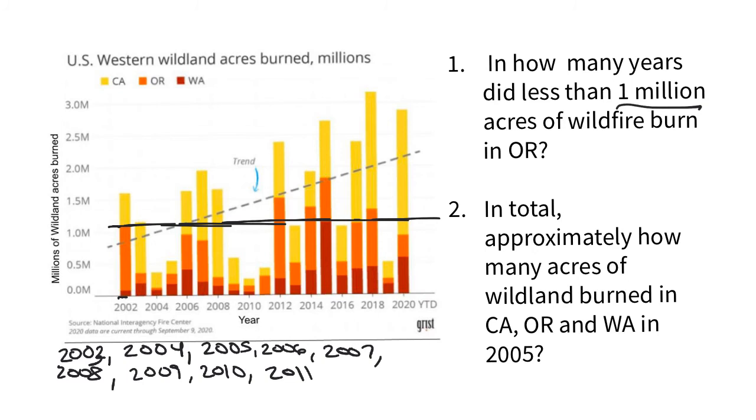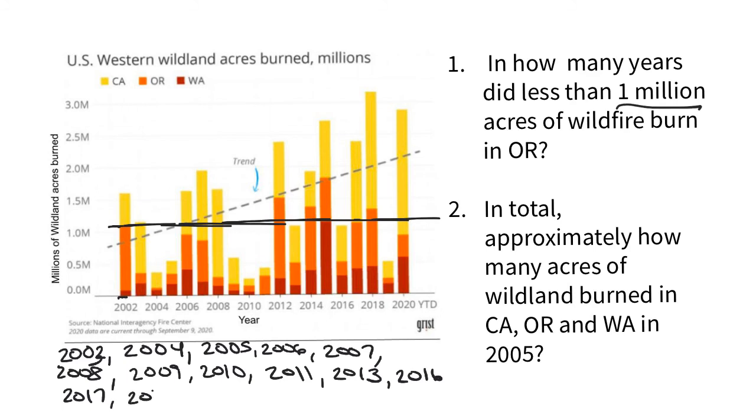In 2012, we're above that line. In 2013, we're below it. In 2014, 2015, we're way above that million line. In 2016, we're below it. In 2017, I think we're right below it. We're getting close. So I'm going to write 2017. And then in 2018, we're definitely above that line.